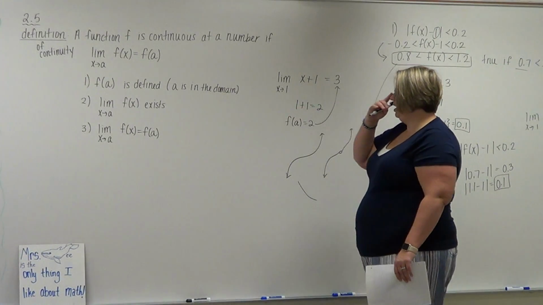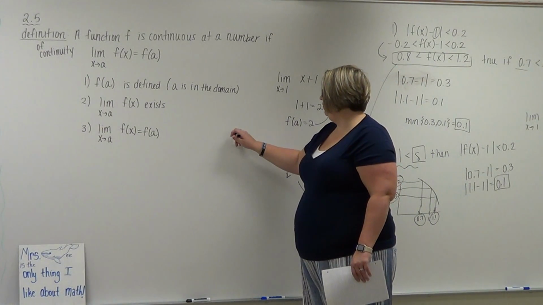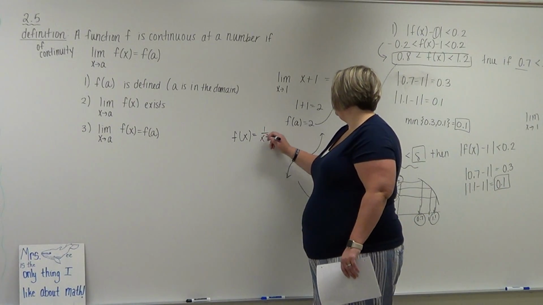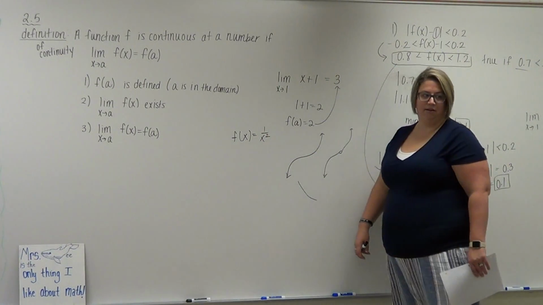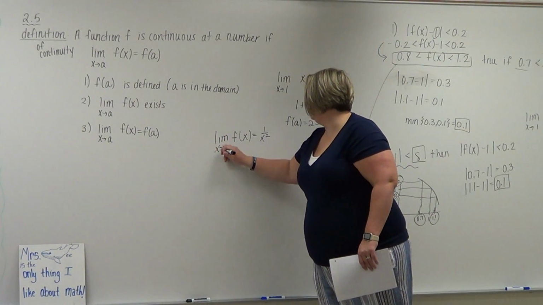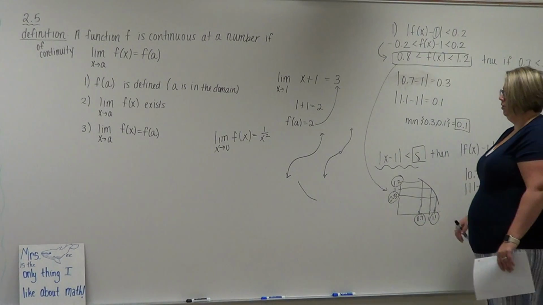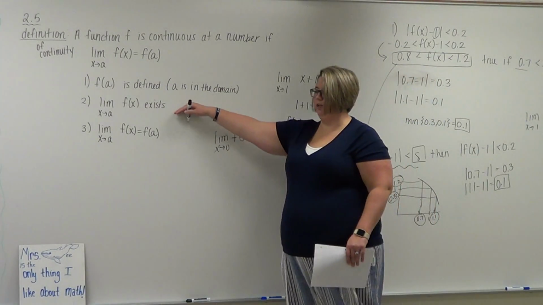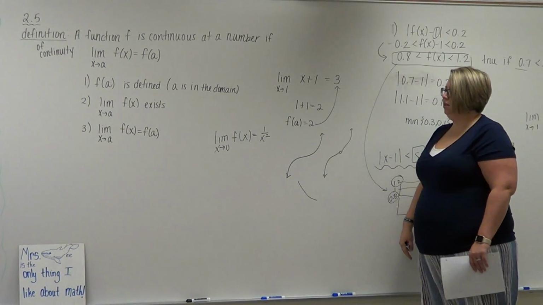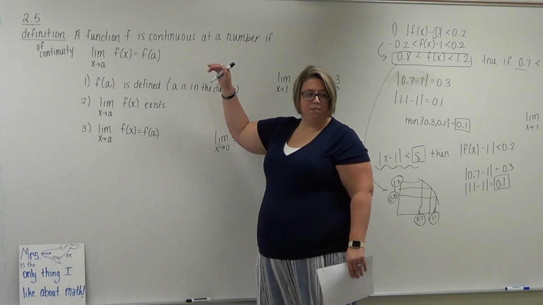We'll do an example of this, but if your function is 1 over x squared, as x goes to 0, that limit doesn't exist. So if the limit doesn't exist, it's not going to work. And then the other is just what it said here.